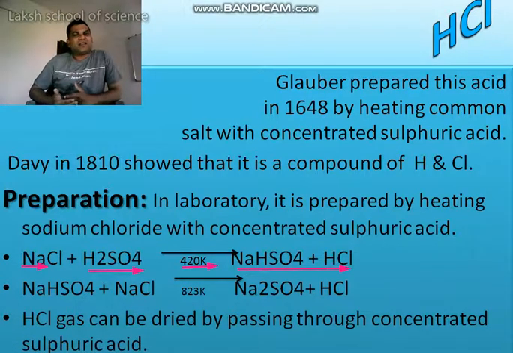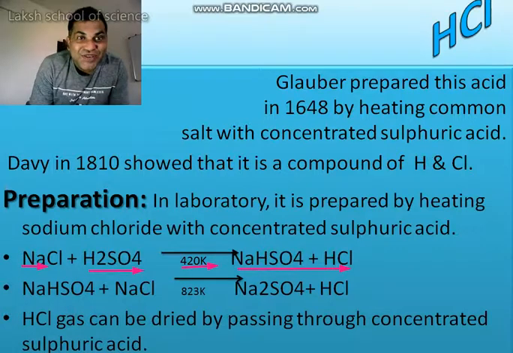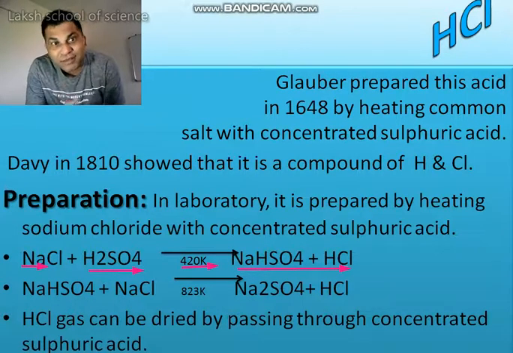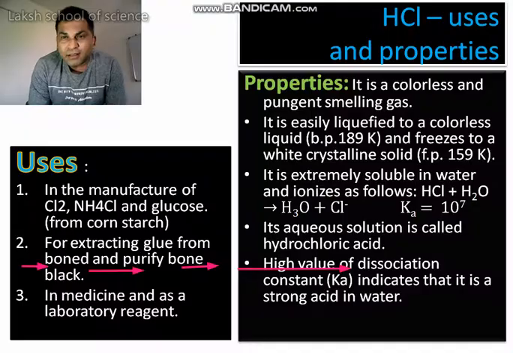The gas contains a lot of water vapor, so it can be dried by using sulfuric acid, because H2SO4 is very good at catching water. Hope that you understand the preparation of HCl.